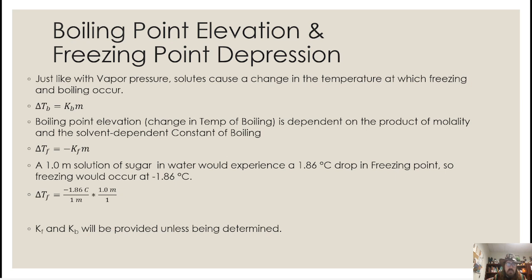Our delta T of boiling is equal to Kb, an elevation constant, times the molality. The point at which a solution boils is based on a constant times the molality, so how much solute is dissolved affects how much the temperature is increased by.